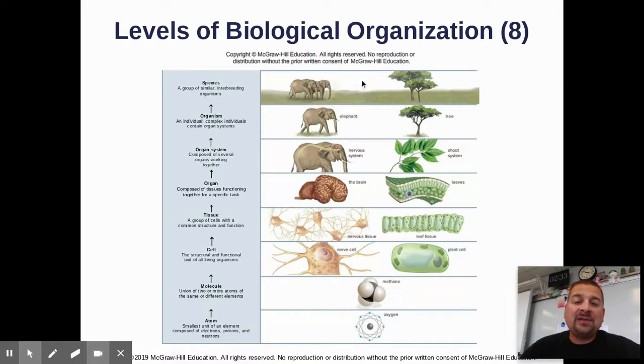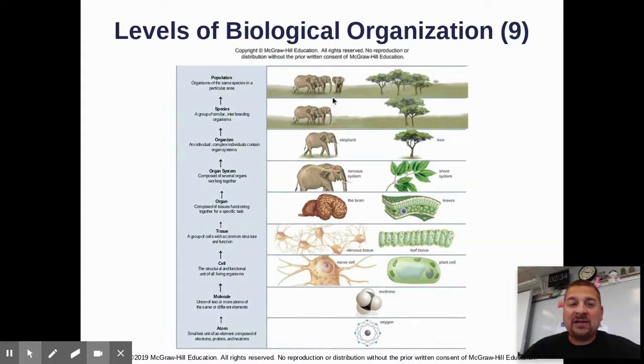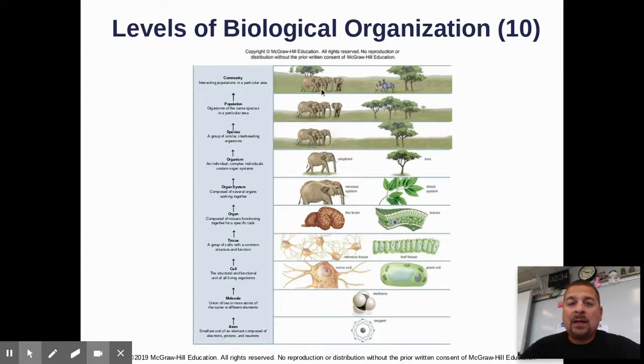All of the individuals living in a certain area in the same space, interbreeding, we call a species or population. A population is all of the same species in a particular area that are breeding and living together. You throw in all of the living things, the elephants, the trees, the grass, the zebras, the gazelle, the lions, all the living stuff in an area, and that is the community.